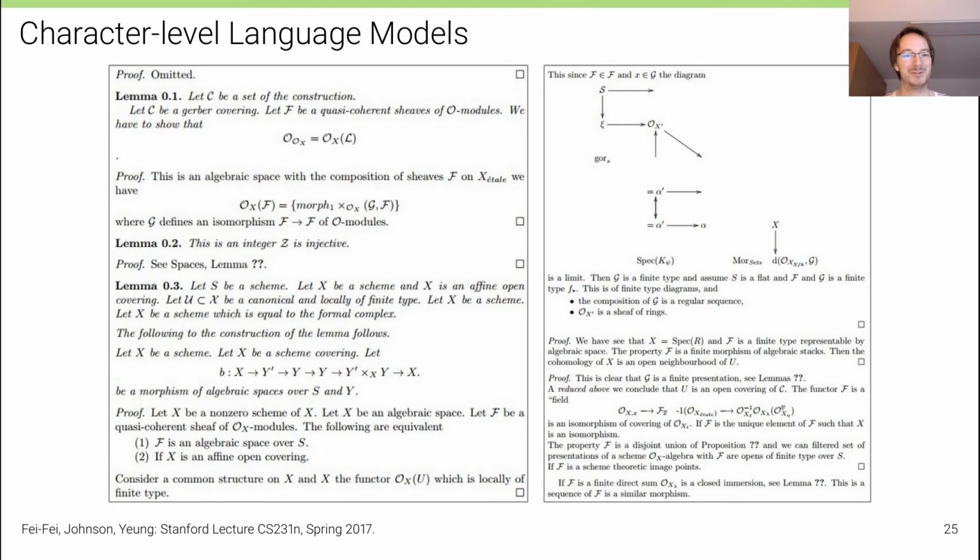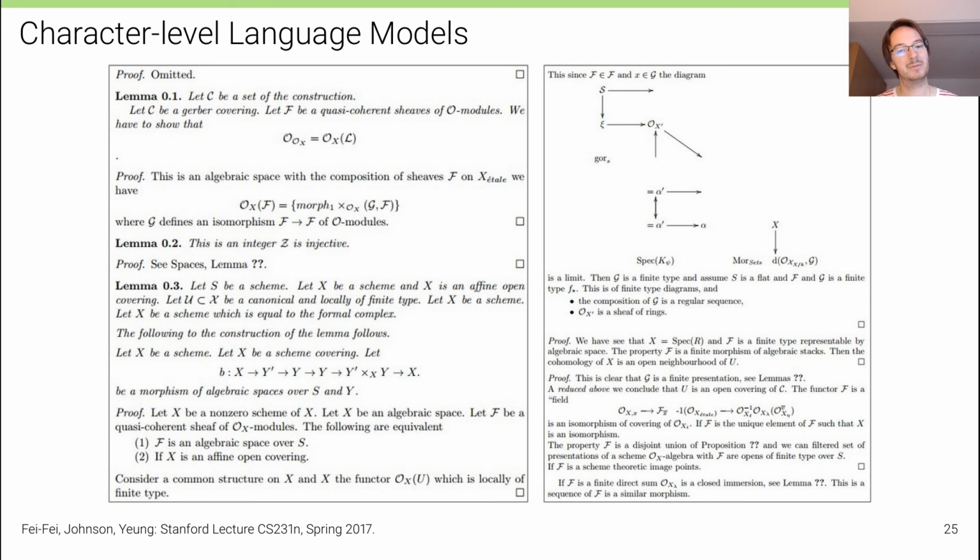The model can also be used to generate LaTeX. In this case, Andrej Karpathy has trained that model on a large textbook of mathematical algebra, and has trained the model not on the textbook PDF, but on the sources of the PDF, which were written in LaTeX.